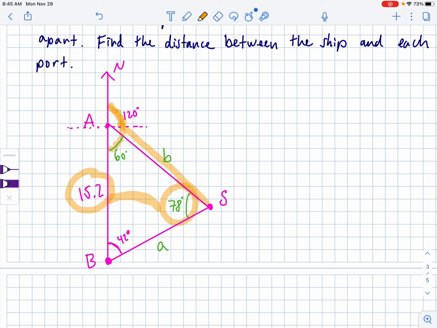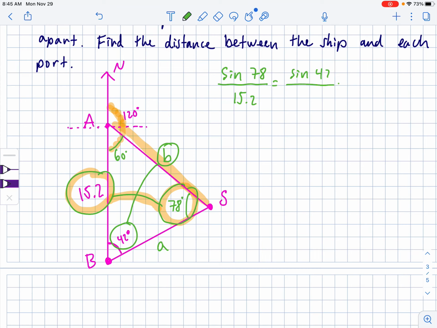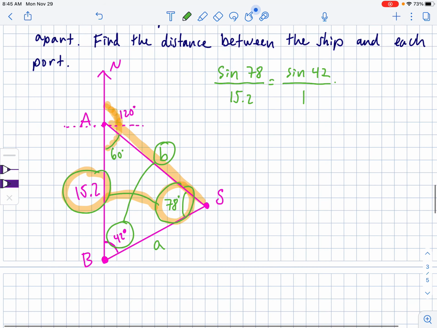So let's solve for this side. 42 and b are connected, as are 78 and 15.2. So we can say sine of 78 over 15.2 is equal to sine of 42 over b.